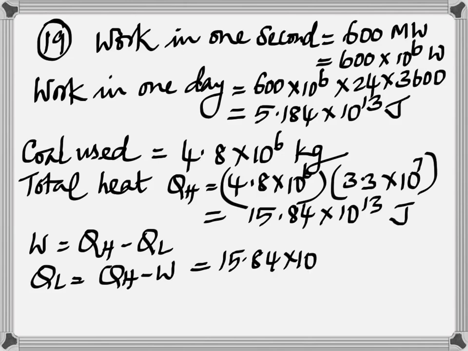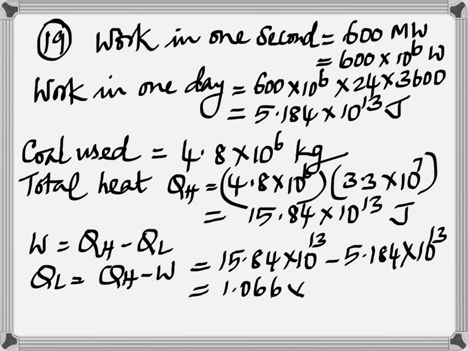Heat exhausted. What's the letter for that? Okay, that's what I'm trying to find. QL is QH minus W, so that is this minus that. That's the answer. And of course it's close to 1.1 times 10 to the 14.